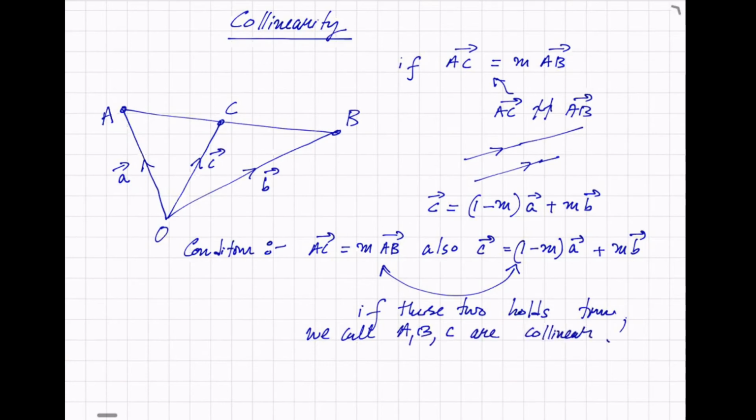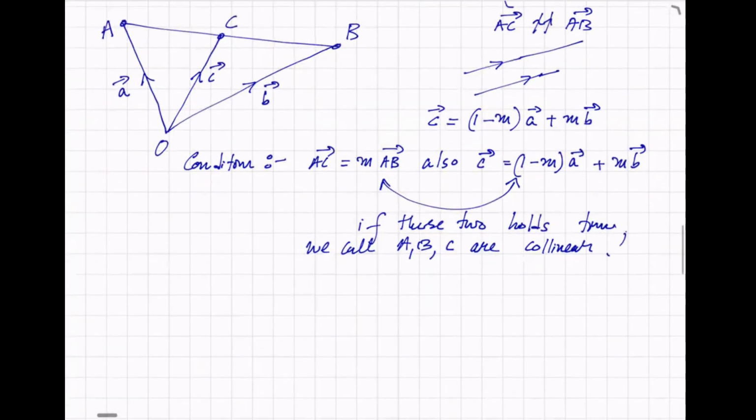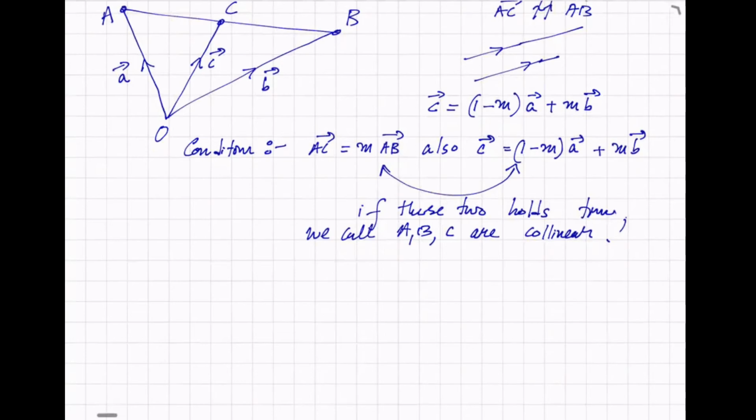Okay, so now how do we understand this? Let's see. Now we know AC vector is m times AB vector. So in this case, m is less than 1, right? So now, what is C vector? Because here we have C, we will try to get the other condition from the geometry. C vector is nothing but OA vector plus AC vector.